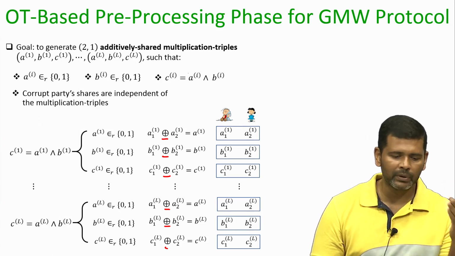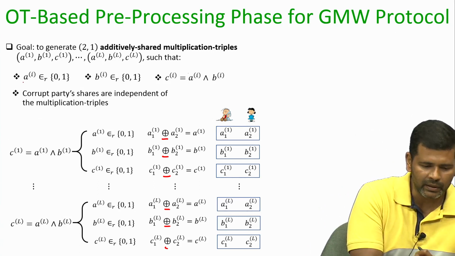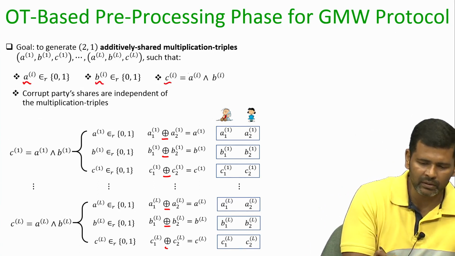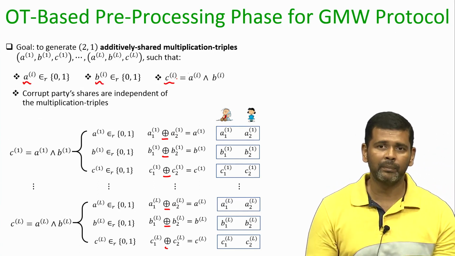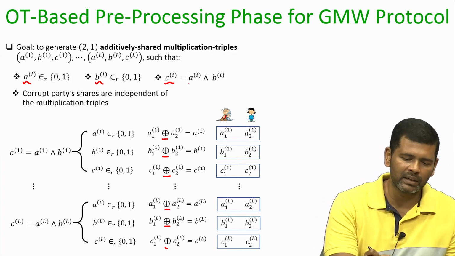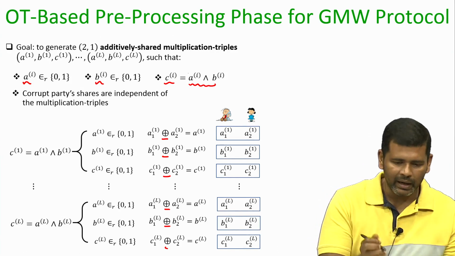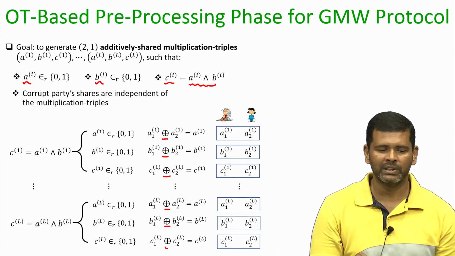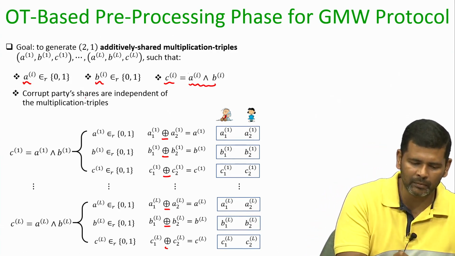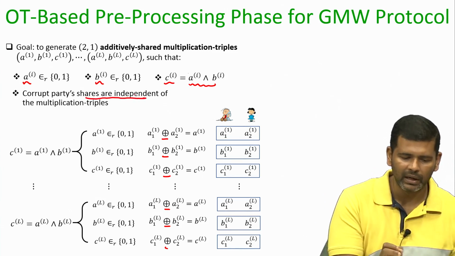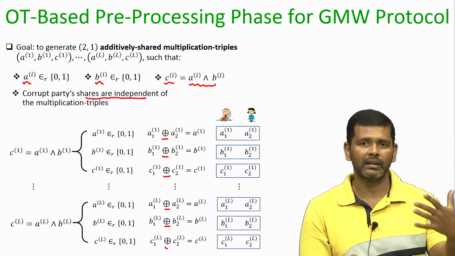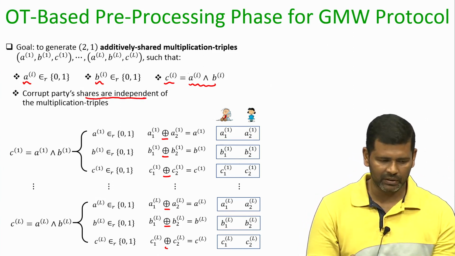So, the A components, B components, C components are going to be bits. The A and B components are going to be random. The C component should be the AND of the A and B components, and this data structure has to be generated in such a way that corrupt parties' shares should be independent of what exactly are the underlying multiplication triples.